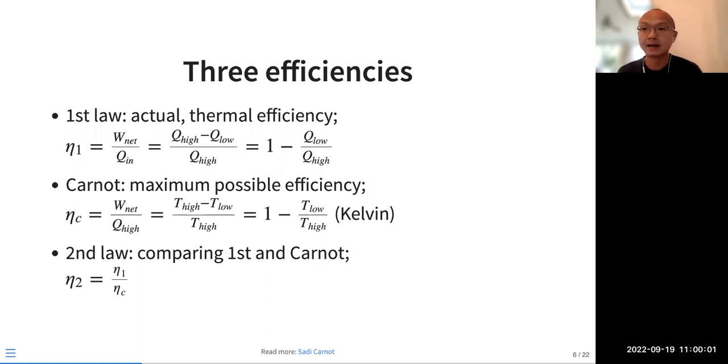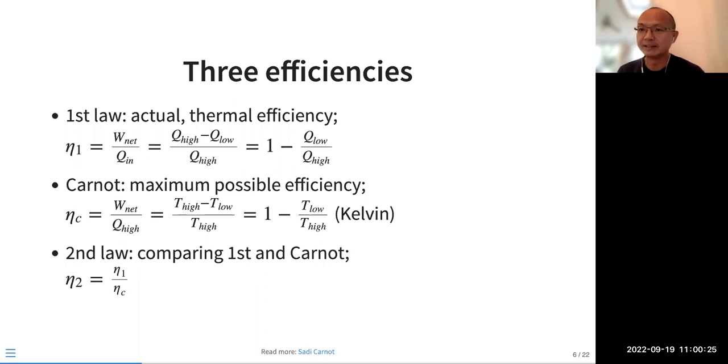And the higher the high temperature, the higher the maximum Carnot efficiency. So that's why the design of the system is pushing the limit to high temperature, high pressure, so it can achieve high efficiency.